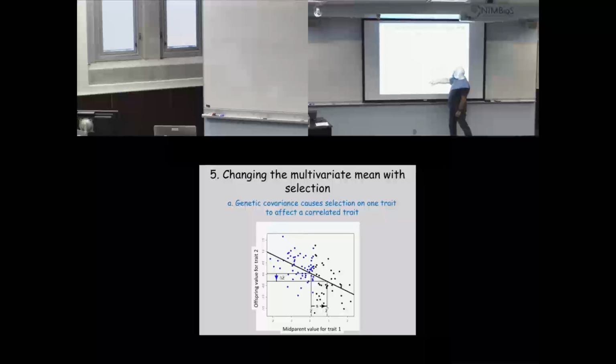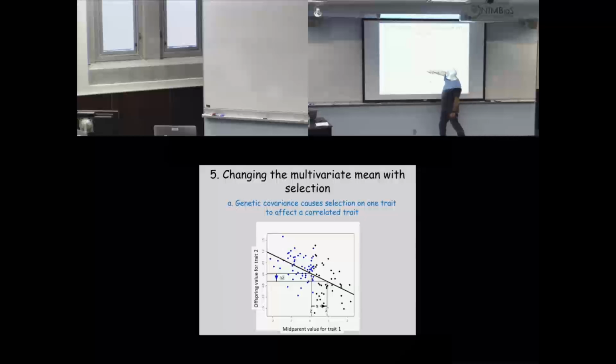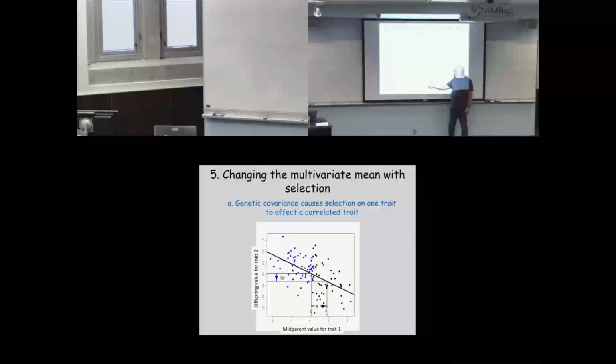And if we go up to the line, all parents would produce a phenotype here, and selected parents are going to produce an average offspring value here, and so the response to selection is going to be negative. So now it looks logical to look at the regression, but think how counterintuitive that is. We've actually selected for an increase in one trait, and we get a negative response in the other trait.